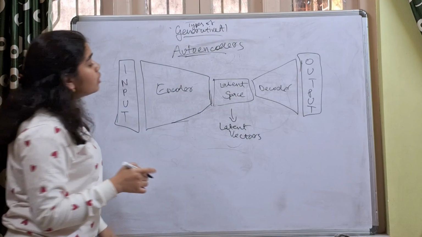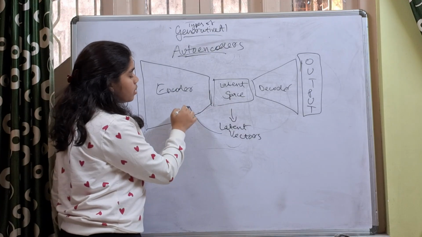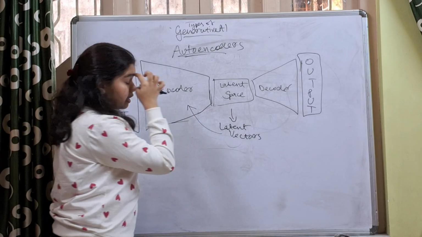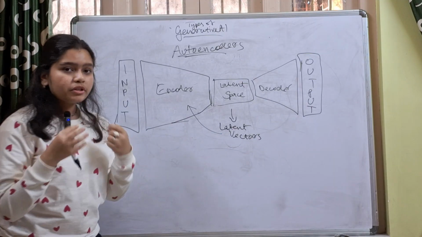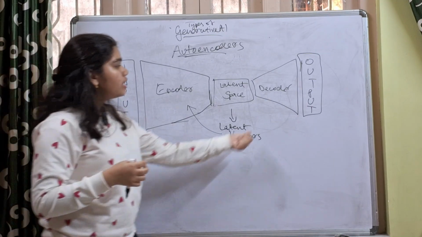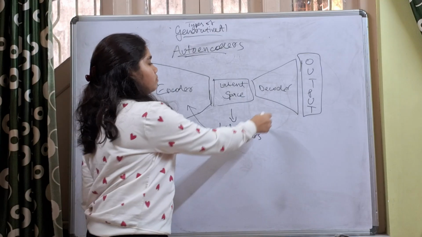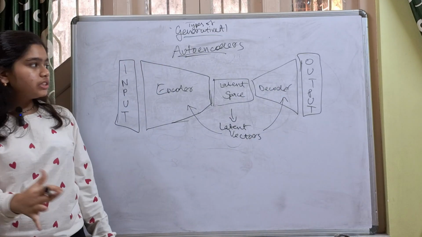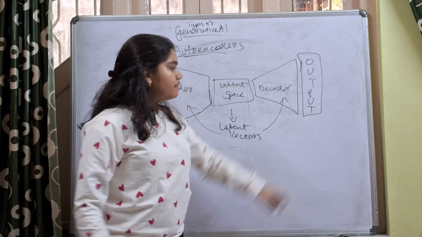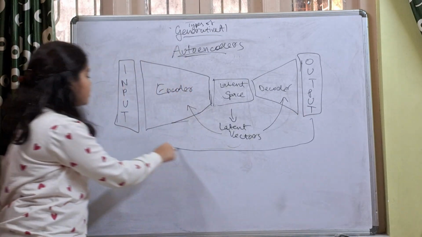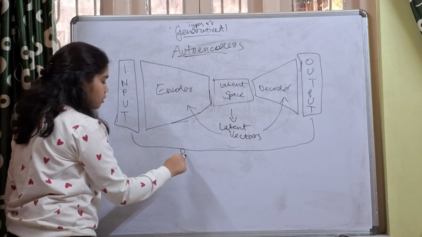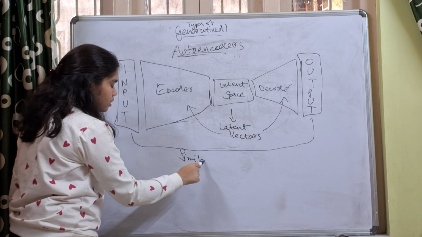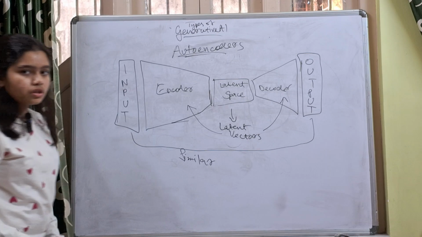Whatever information of the input is contained in the latent vectors derived from the encoder is then decoded, or reconstructed, to produce the output, and the output is going to be very similar to the input.